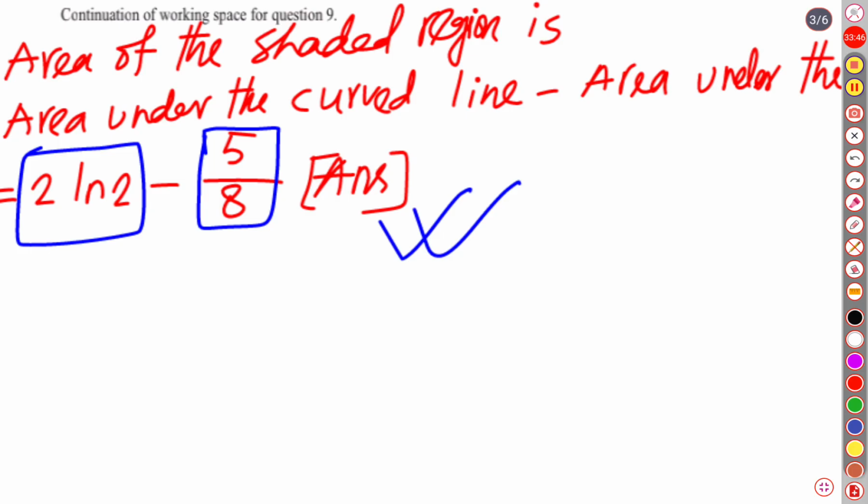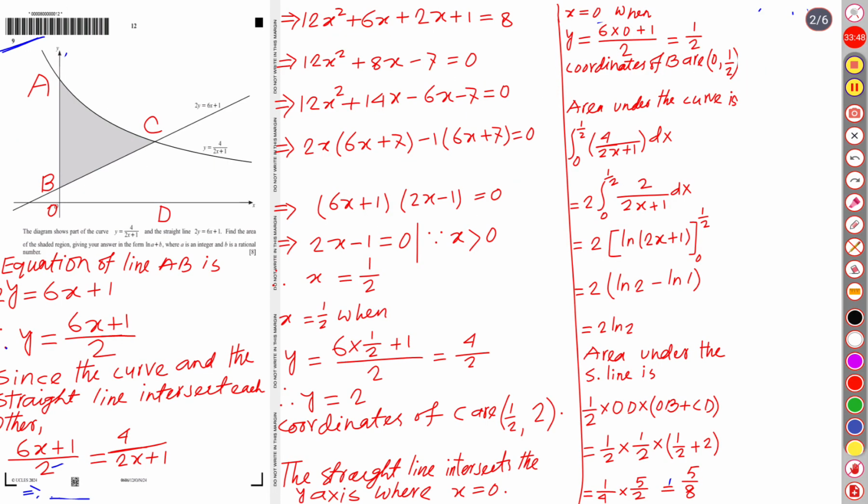So what have we learned from this? This is the whole of the solution, and if I recap, I will tell you in short that first we have found all of the coordinates. All of the coordinates were here. This one, that means coordinates of A, coordinates of C. Coordinates of A is not necessary because the x coordinate is known to us, which is 0.